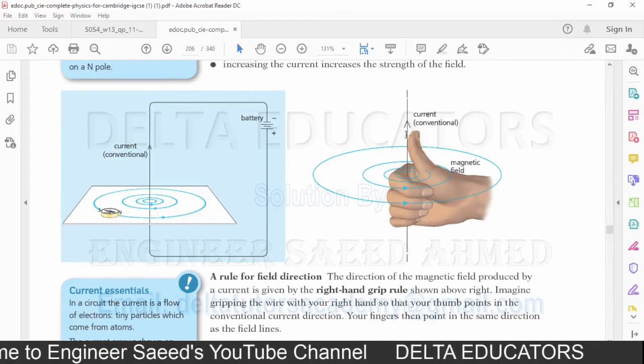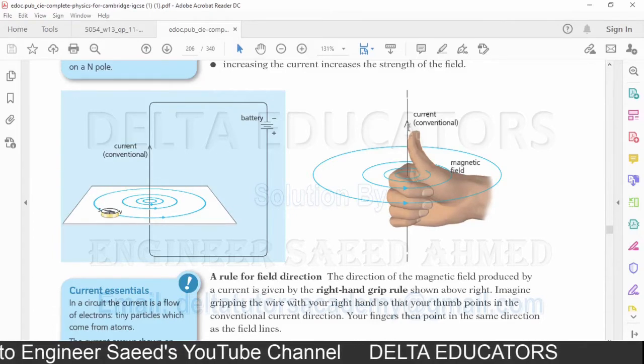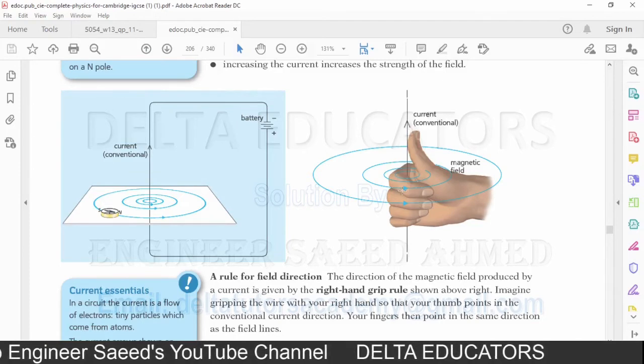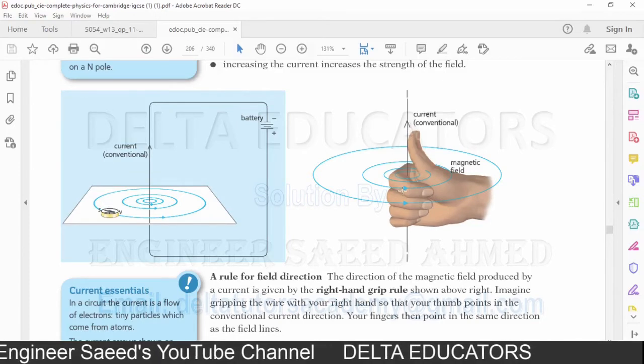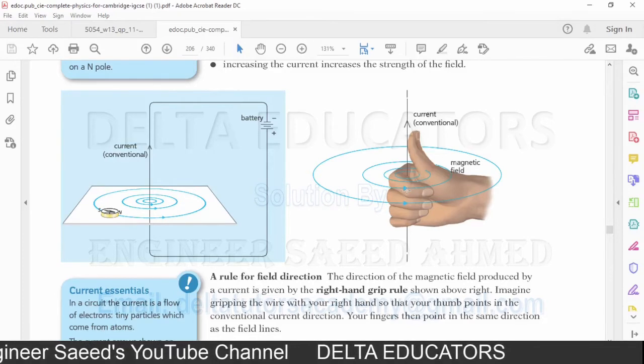Here in this conductor, the direction of the current is upward. When the direction of the current is upward, the curling of the finger is anti-clockwise. So here the magnetic field is in anti-clockwise direction.